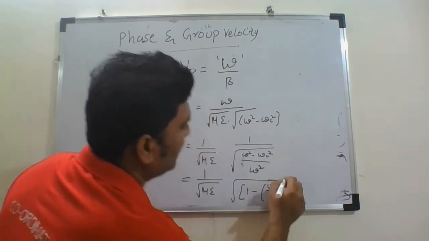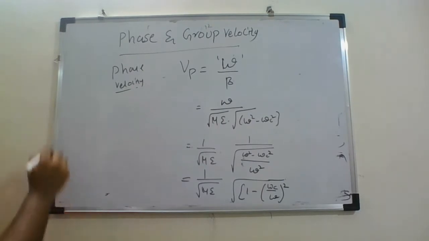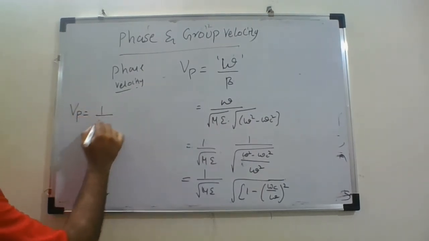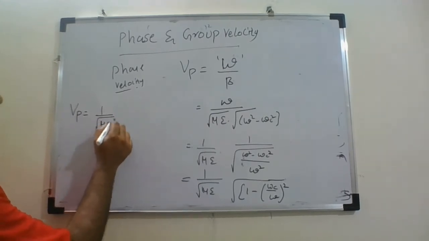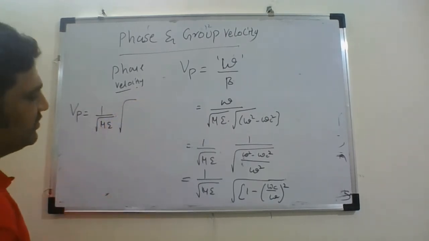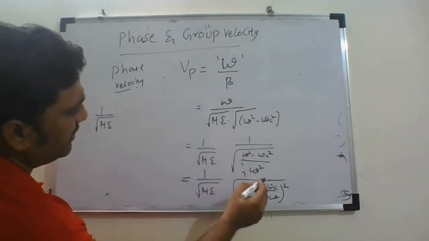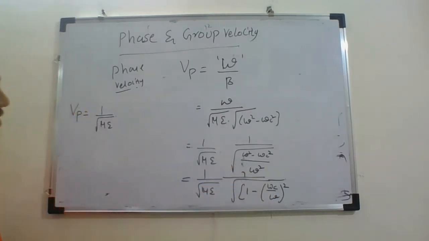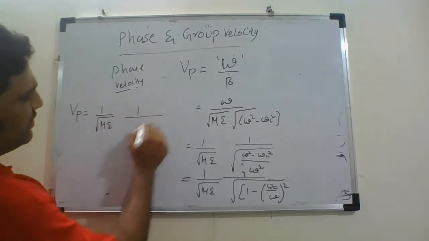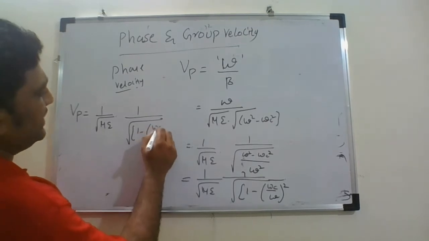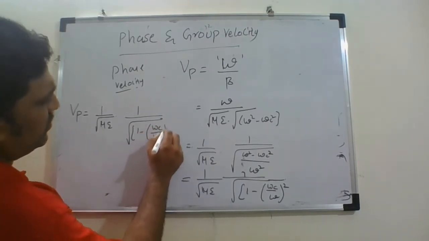So phase velocity Vp is equal to 1 by root mu epsilon into 1 by root of 1 minus omega c by omega whole square.